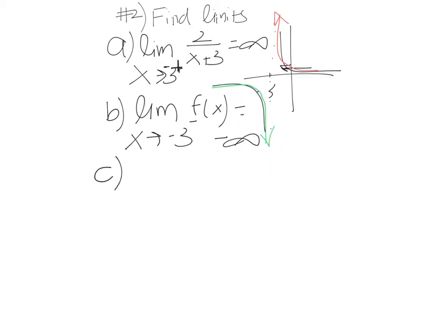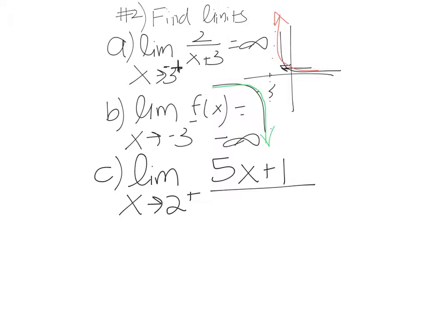Letter C. Let's do the limit as x goes to 2 from the right, 2 plus, for 5x plus 1 over x squared minus 4. Okay, we know that at 2 and -2 there are vertical asymptotes.